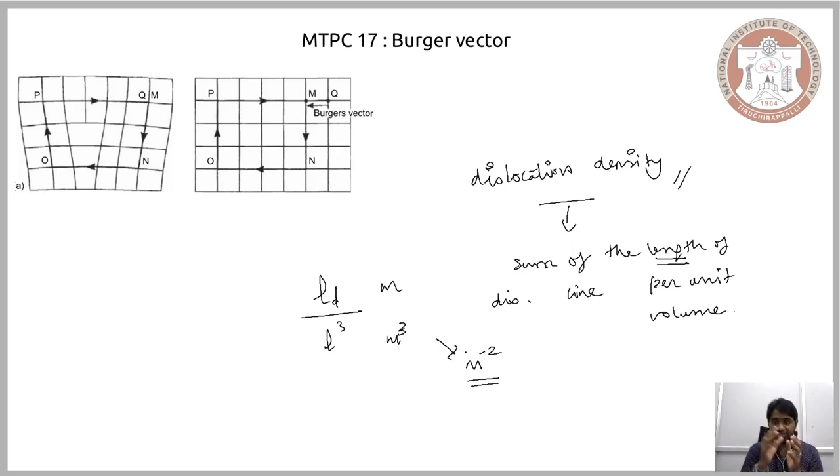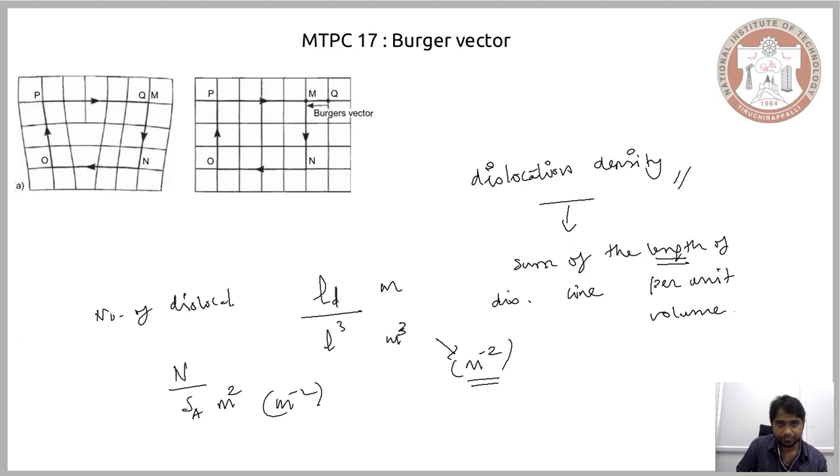Since it is the number of dislocations per surface area, the number has no unit and it's per surface area, which is per meter square. The dimension remains the same. So this is another way of calculating the dislocation density, that is by counting the number of dislocations within a surface or along the surface of the material.